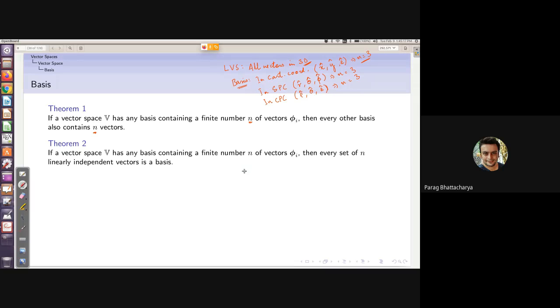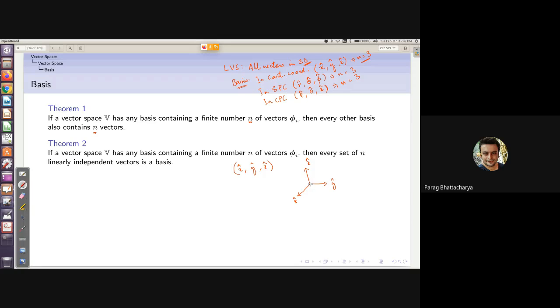So we have x cap, y cap, and z cap. This is a basis. Here x cap, y cap, and z cap are all linearly independent. So this is your x cap, this is your y cap, and this is your z cap. Okay, they are linearly independent.